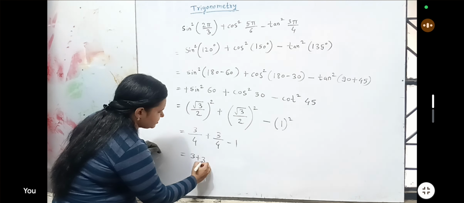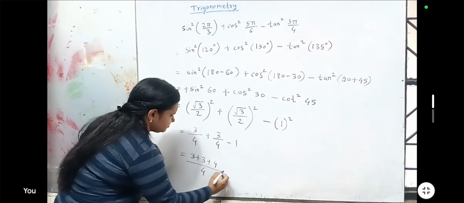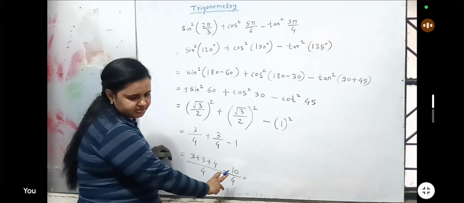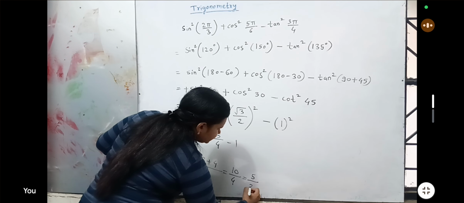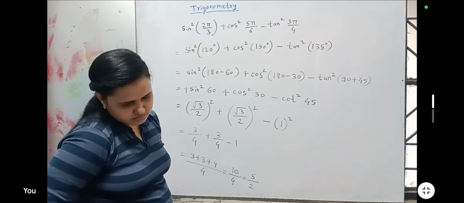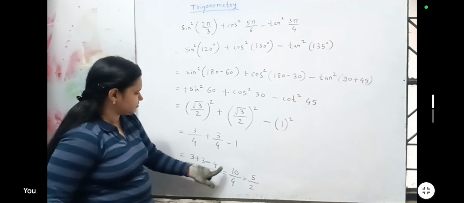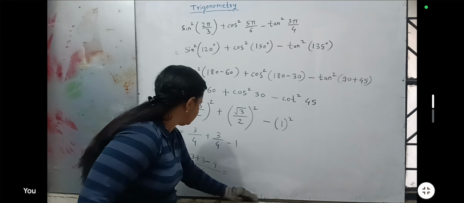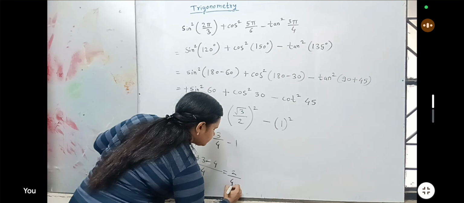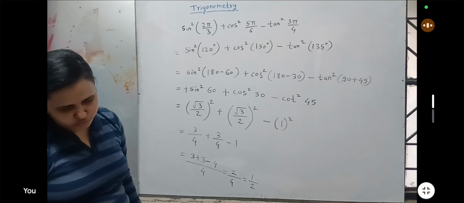It will get 3 plus 3, and LCM we have got as 4. Oh, sorry, it is minus. So what it will be? 3 plus 3 is 6 and 6 minus 4 is 2. 2 upon 4. It will be 1 upon 2. So our answer is 1 upon 2.